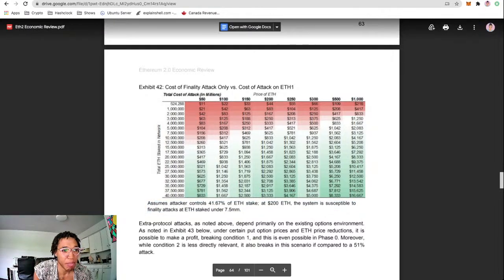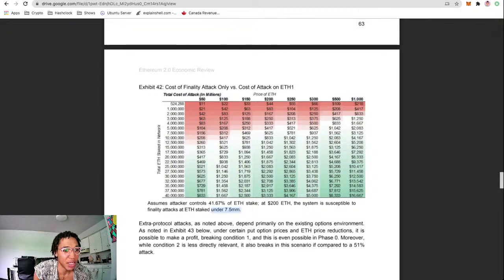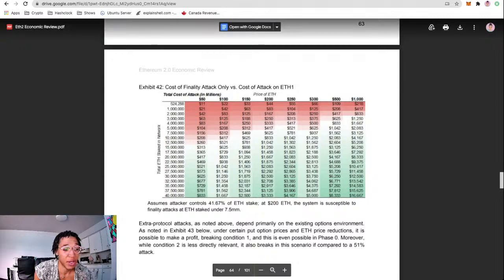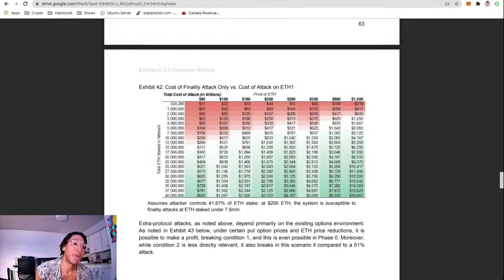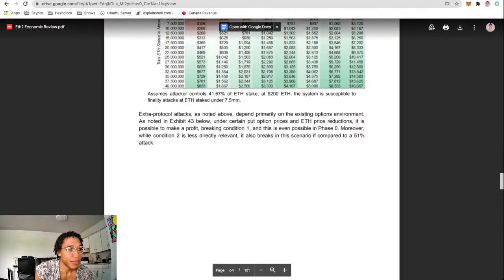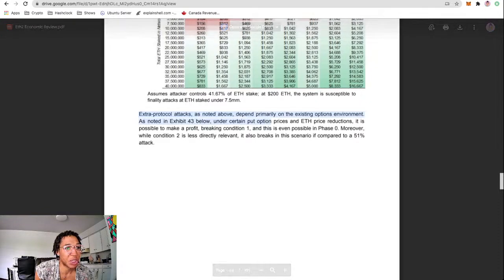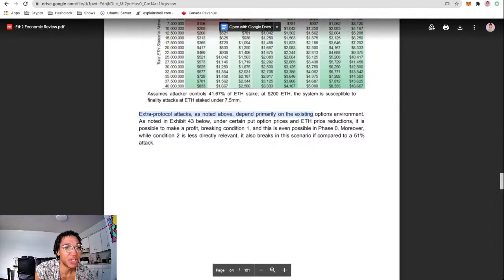And this is saying mainly that if it's under 7.5 million ETH staked, that's when you really have the network being susceptible to attack. But again, with large numbers of ETH staked, the attack on the network really does cost more than is economically viable for most attackers. Extra protocol attacks noted above depend primarily on the existing options environment.